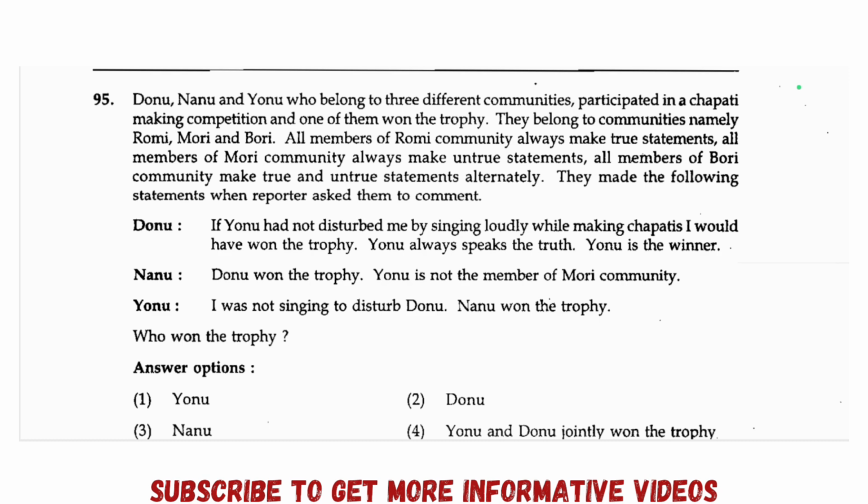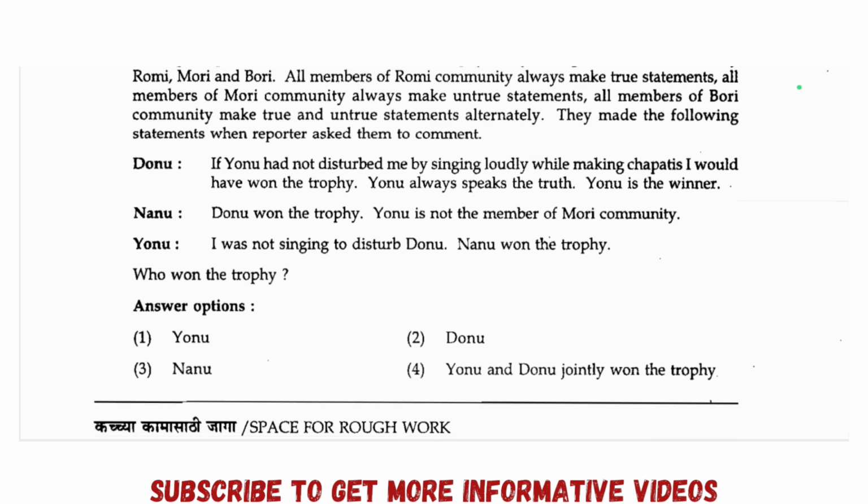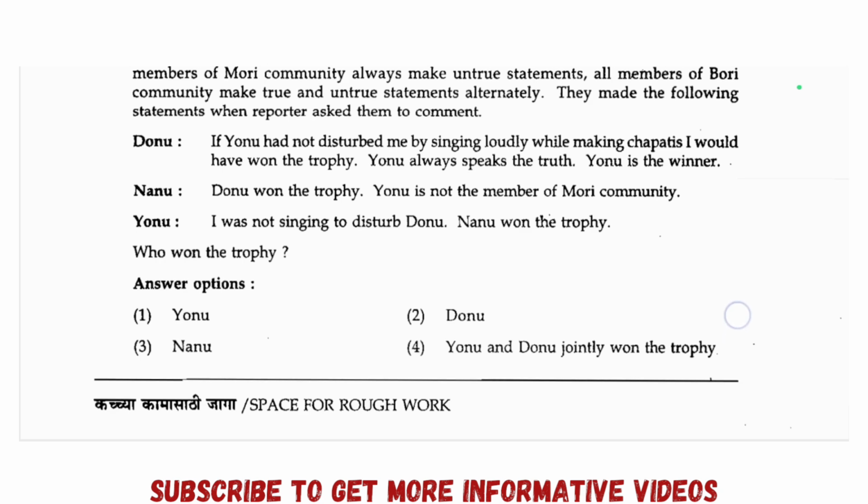Donu said, "If Yonu had not disturbed me by singing loudly while making chapatis, I would have won the trophy. Yonu always speaks the truth. Yonu is the winner." Nanu says Donu won the trophy. Yonu is not a member of Mori community. And Yonu says, "I was not singing to disturb you. Nanu won the trophy." So who won the trophy? So the answer is Yonu won the trophy.